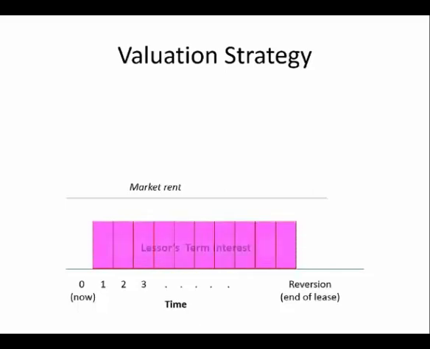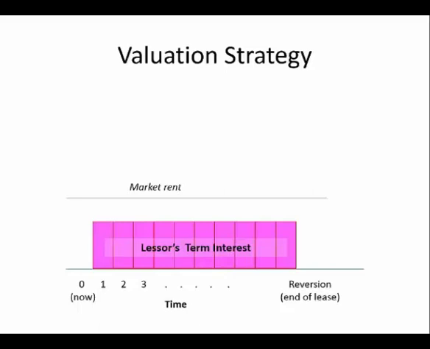So in this situation, we've got that line there showing the market rent at a particular level, but the actual rent, the face rent, the lease terms that have been agreed to, are actually somewhat less. This might be because there's some particular reason why the lessor doesn't feel it's appropriate to charge full market rent, or it could be because it's a very long lease and the rents haven't been reviewed to market in recent times or what have you.